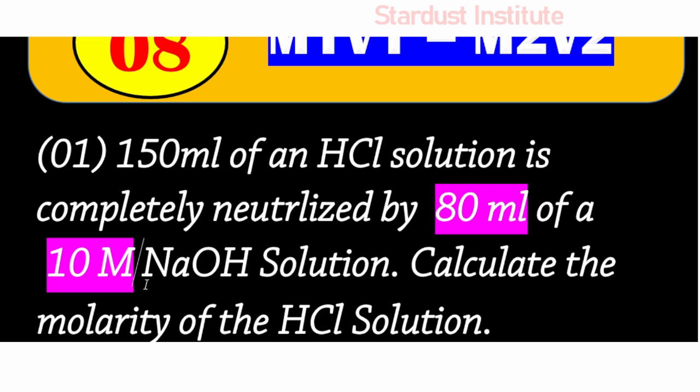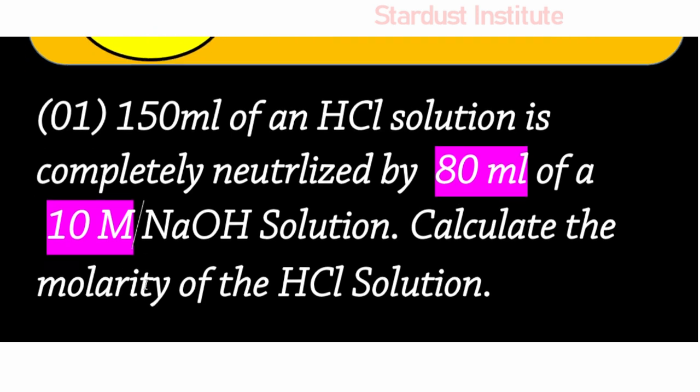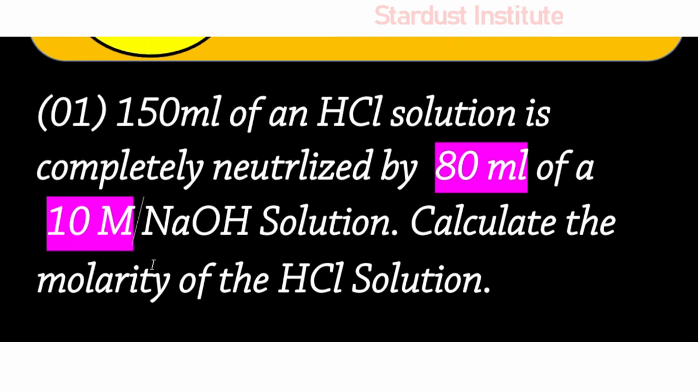10 M means in 1 liter or 1000 milliliters of this sodium hydroxide solution, there are 10 moles of sodium hydroxide. Now we need to find how many moles of sodium hydroxide are there in 80 milliliters of this solution.